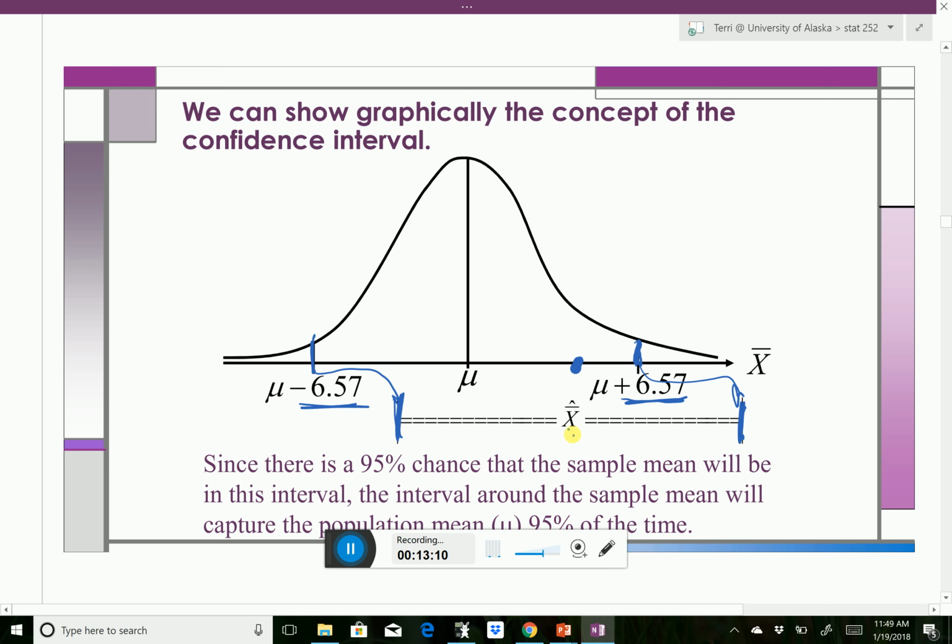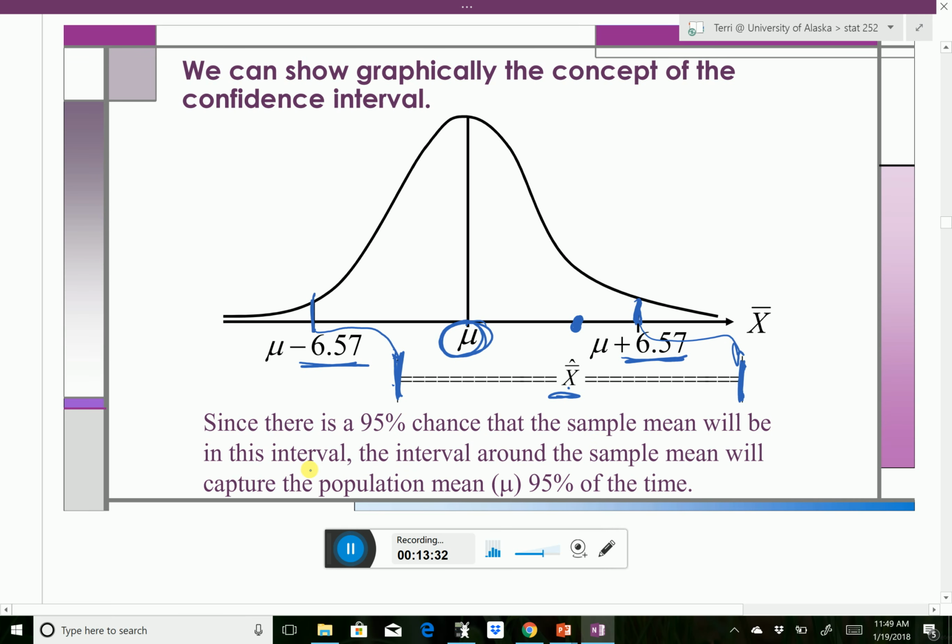Well, since this is less than 6.57 units away from the true mean, then the interval, which is 6.57 away on either side of X bar, should contain the true mean. And 95% of these will, because there's a 95% chance the sample mean will be between this and this. And therefore, the interval that we create will catch the true mean 95% of the time.